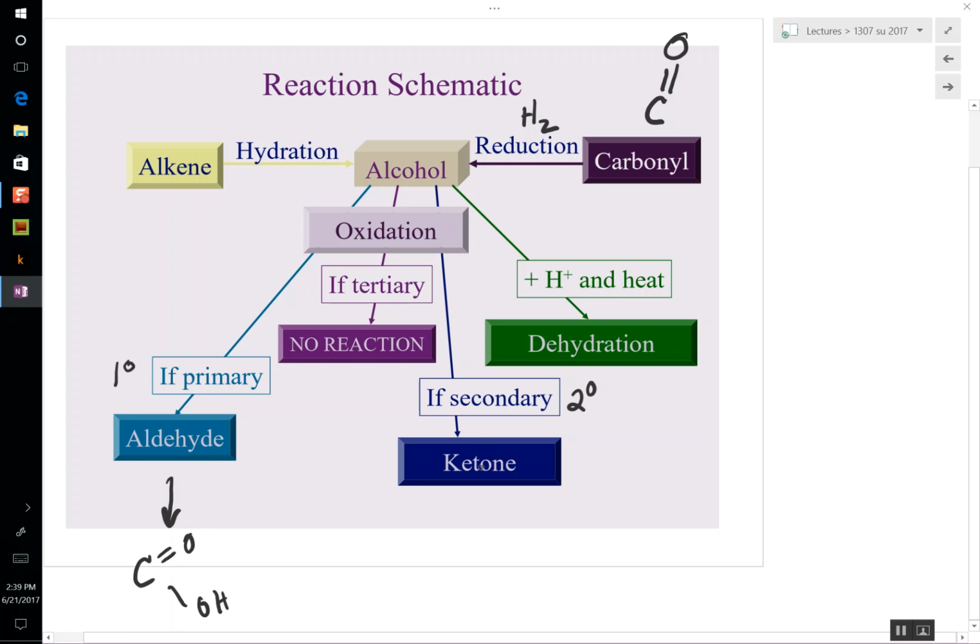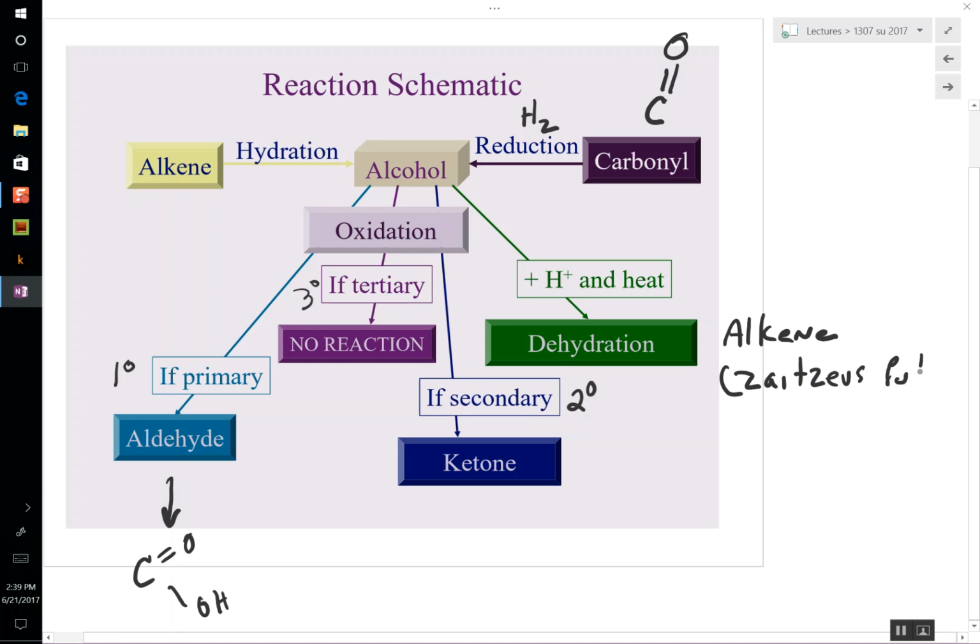A tertiary alcohol is not going to oxidize. Dehydration of an alcohol, and you get an alkene, and you need to use Zaitsev's rule.